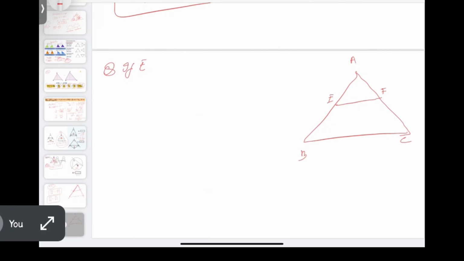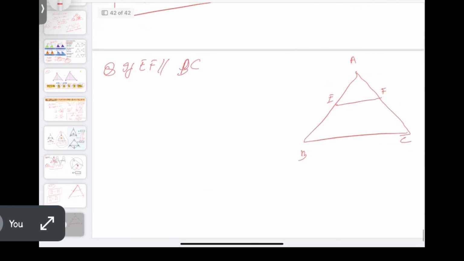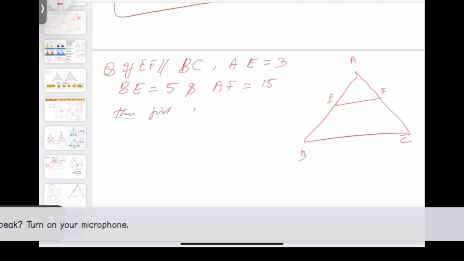So let's say the question is: if EF is parallel to BC, and given that AE is equal to 3 and BE is equal to 5, and AF is equal to 15, then find the value of FC.